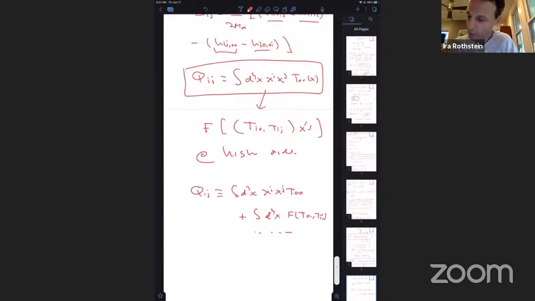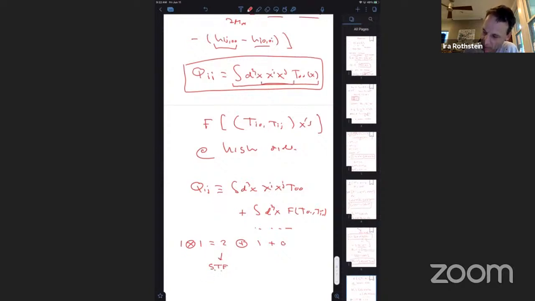So you might be a little bit troubled, for those of you who've had a little bit of group theory, that Q^{ij} should transform in an irreducible representation of the rotation group. And this certainly does not look like it's irreducible, because if you have a 1 cross 1, remember this is 2 plus 1 plus 0. The 2 piece should automatically be symmetric and trace-free. Sometimes it's written like that. So this looks symmetric. It certainly doesn't look trace-free.